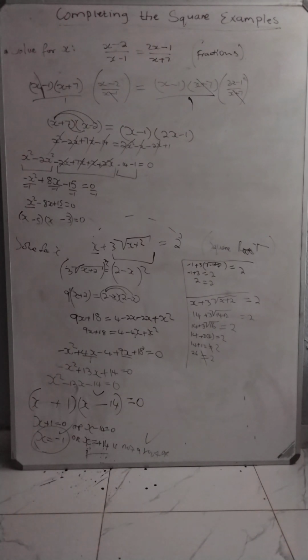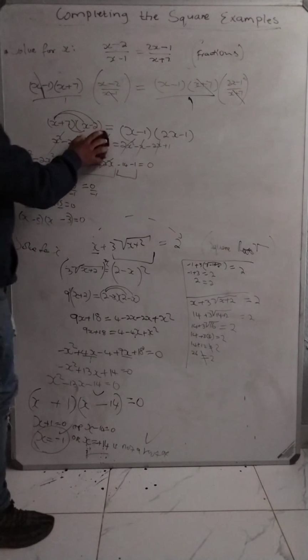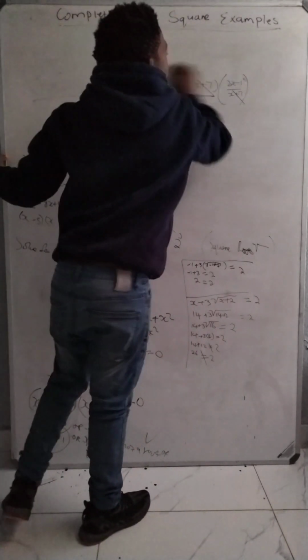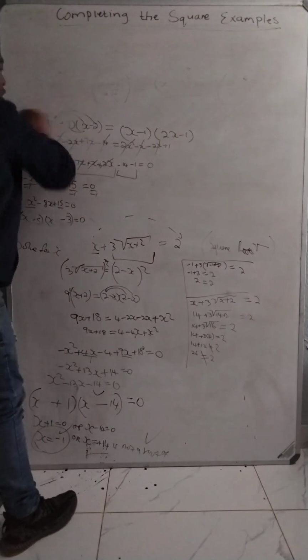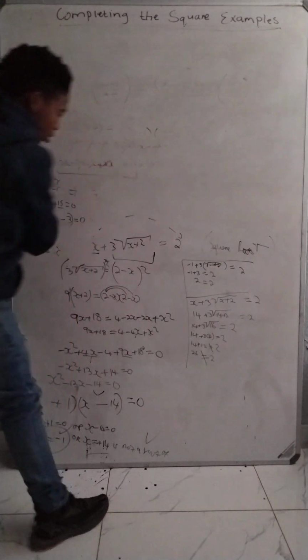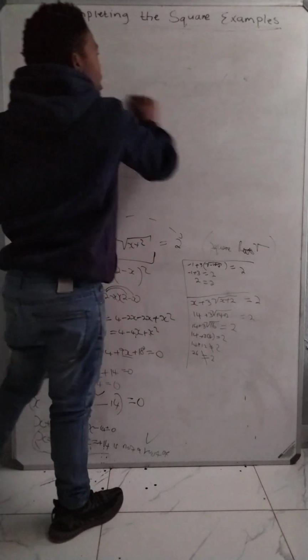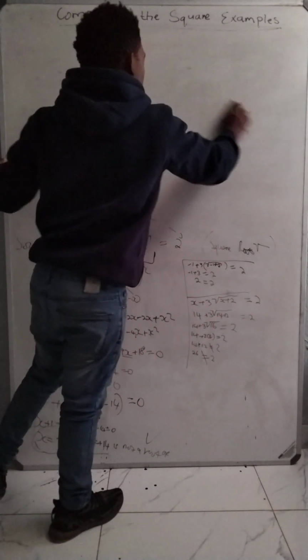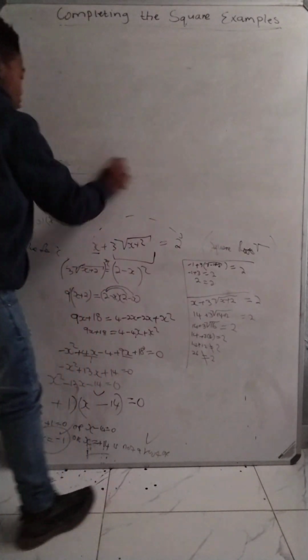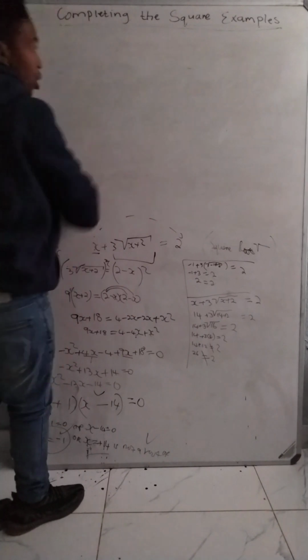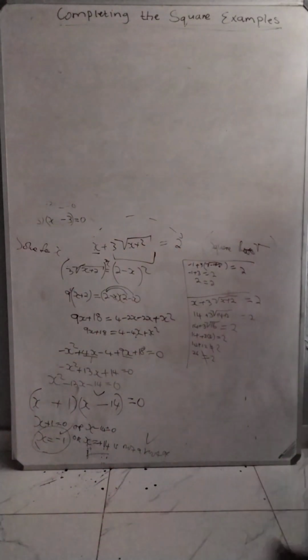So that's how, in short, that's how you deal with completing the square, and when you have fractions, and when you have square roots. So when you have fractions, you multiply by the denominator, and when you have square roots, you look that your square root does not become negative.